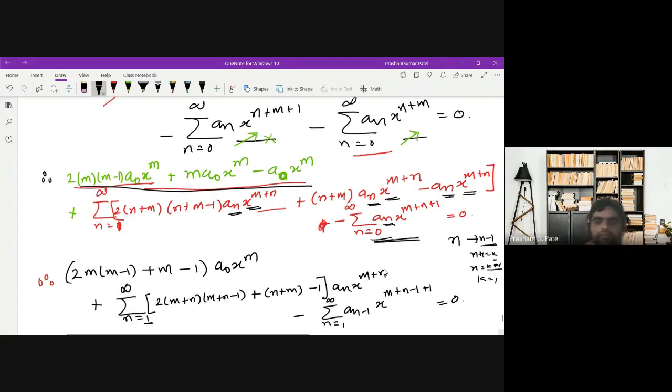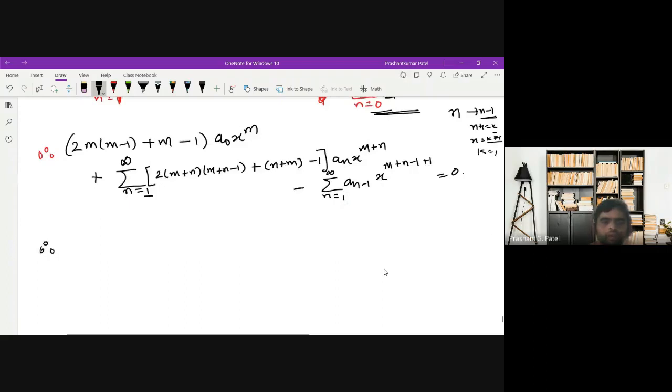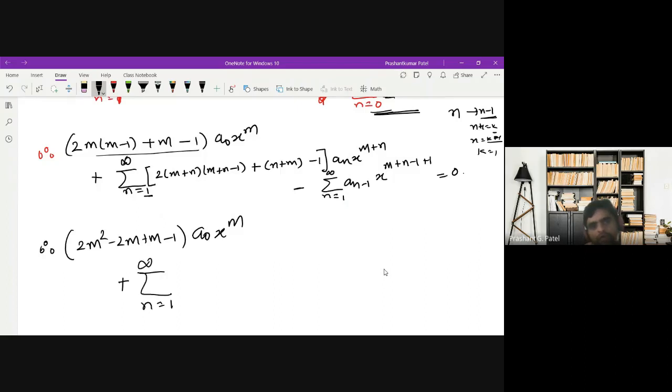So finally what we get, if you simplify this quantity, is the first term, you will have 2m square minus 2m plus m minus 1 a0 x power m plus summation n running from 1 to infinity of 2 into m plus n, m plus n minus 1 plus m plus n minus 1, and I'm writing the last term together with this, which also has the term m plus n.